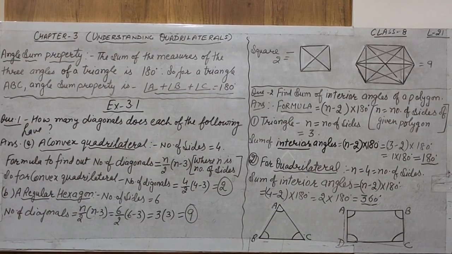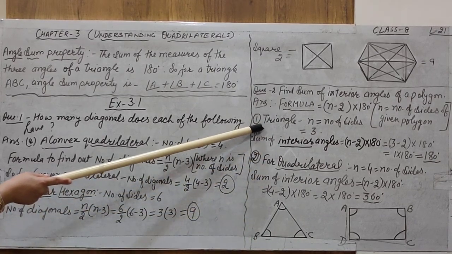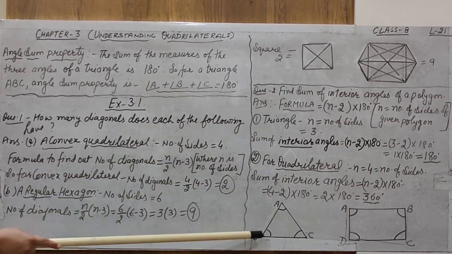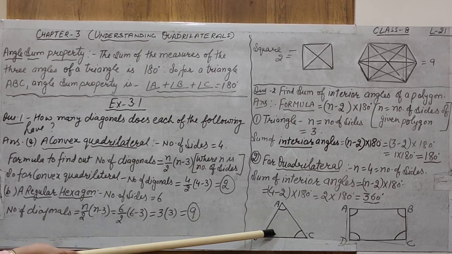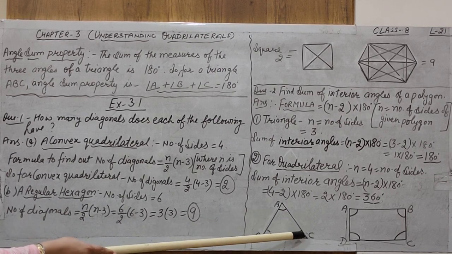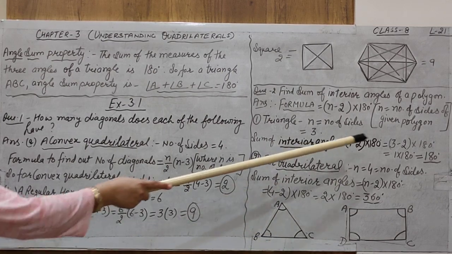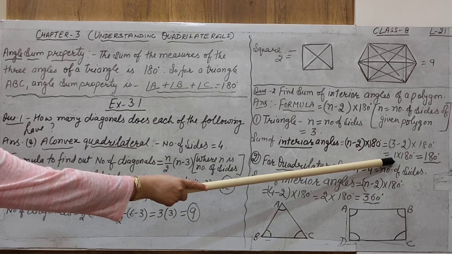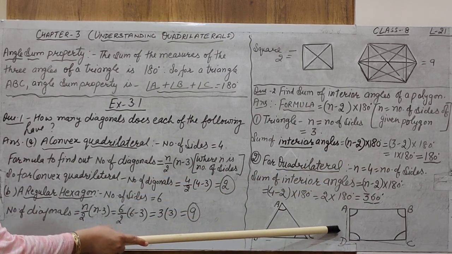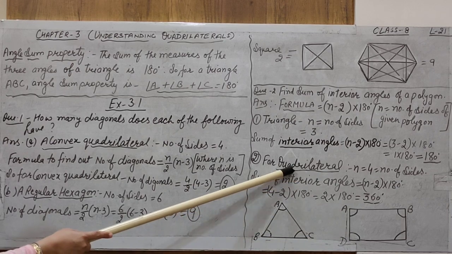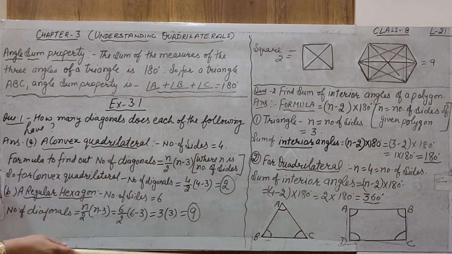Now you can see from the diagrams, the diagram related to the triangle, in which I have shown the three angles, angle A, angle B, angle C. The sum of all these three angles, using this formula, we can find out is equal to 180 degree. Now the second is the quadrilateral I have selected for you, for which we have already found the sum of interior angles.